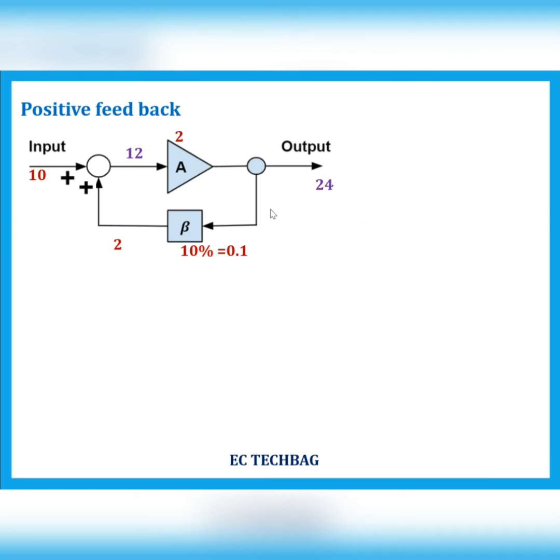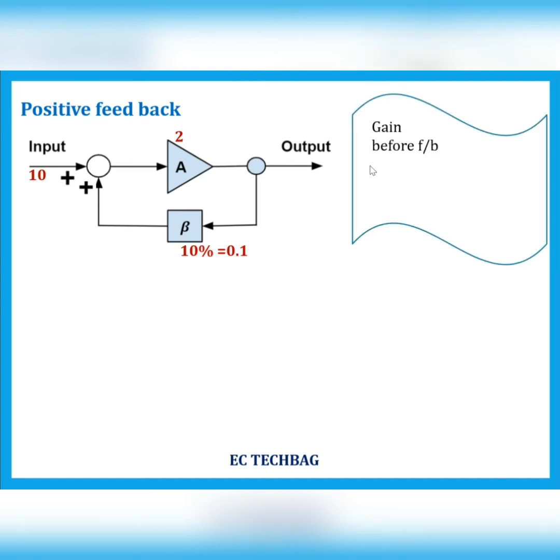Next, let us check the gain. Gain is output by input. So without feedback, output is 20 and input is 10. So gain 20 by 10 is equal to 2. With feedback, the output is 24 and the input is 10. So 24 by 10, that is 2.4. So the gain increases.